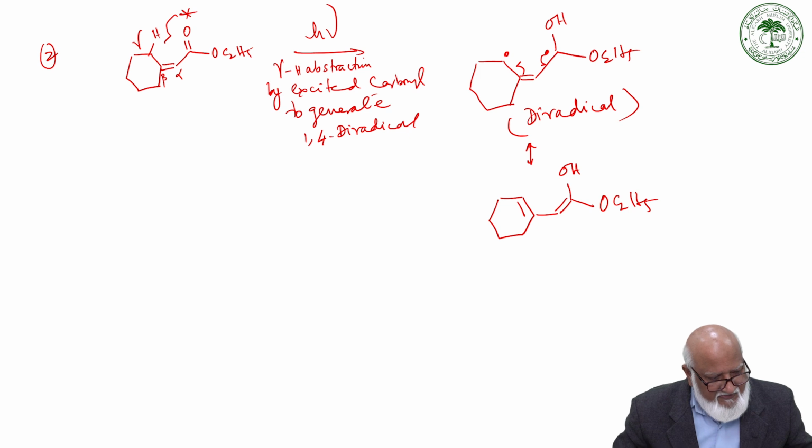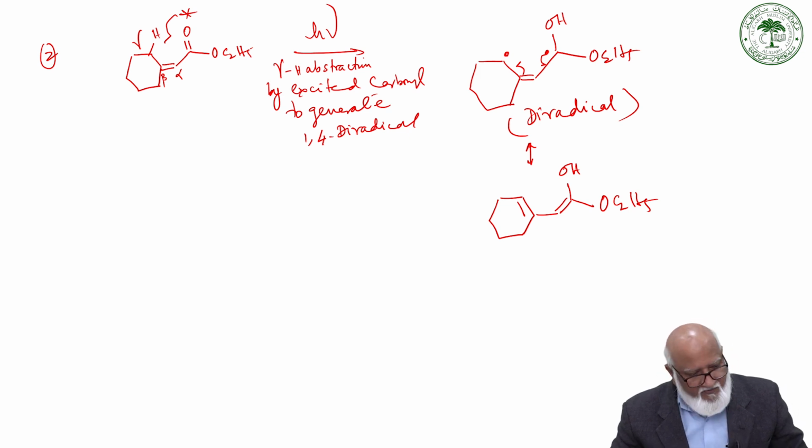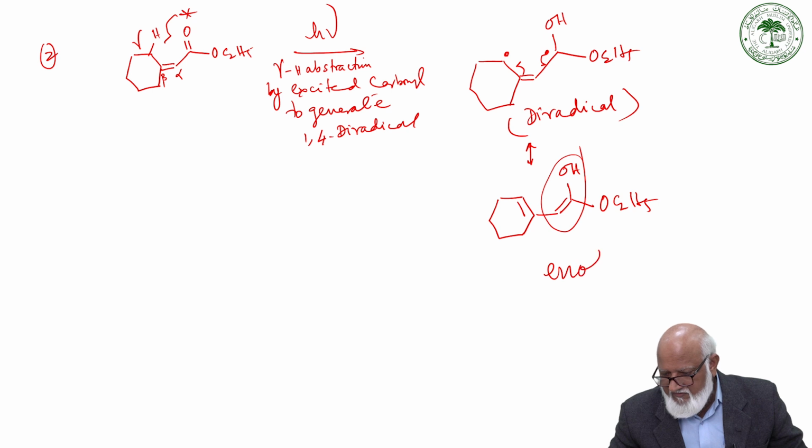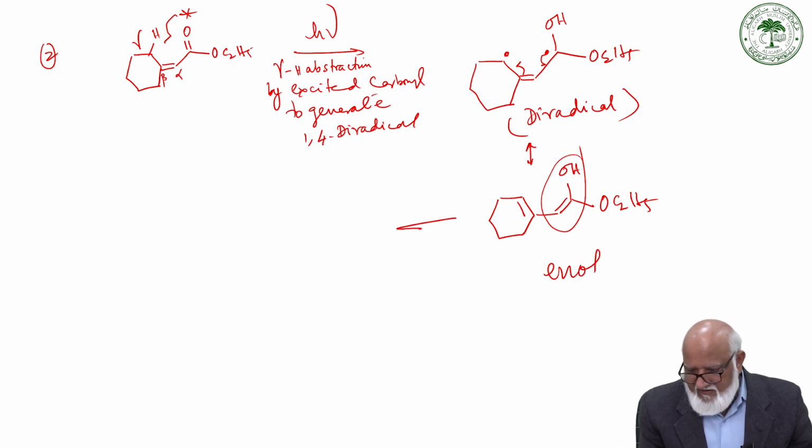Now this is the enol form, and then this will tautomerize to the keto form.